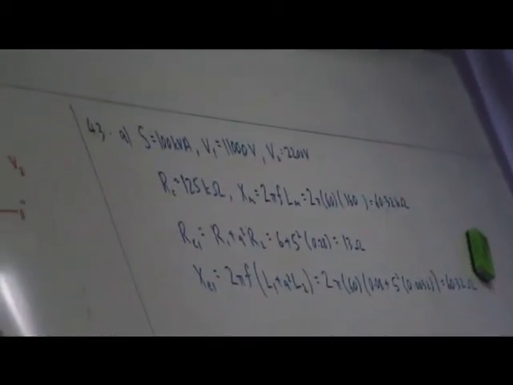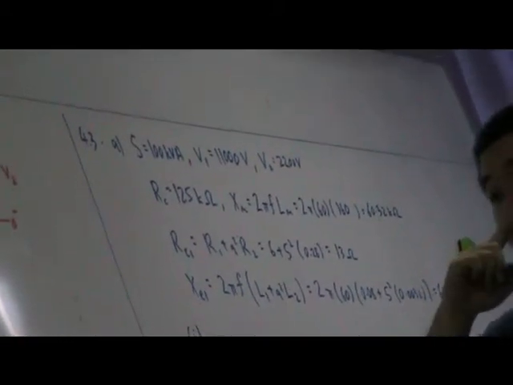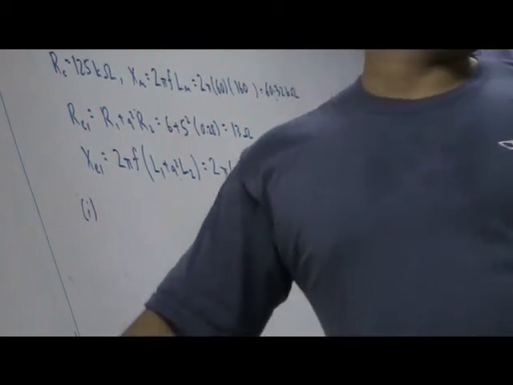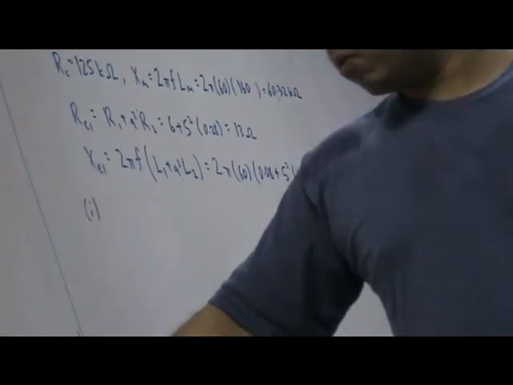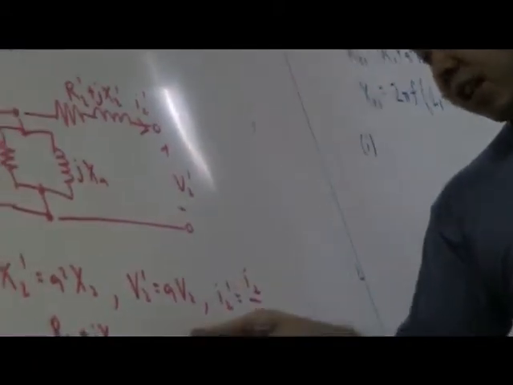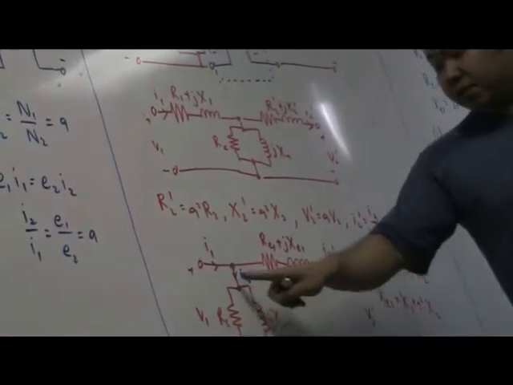Now we are supposed to find the no load current. No load current is the current that flows through here, given that the output is open circuit, no load connected to the output side. So when there's no load connected, I2 is 0, and we only have this.